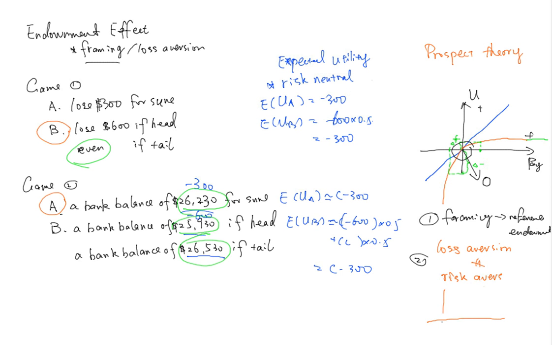Risk aversion is saying that if you have a concave utility function and you have two choices, the certainty choice, the utility of the certainty choice is larger than the expected utility of the risky choice.